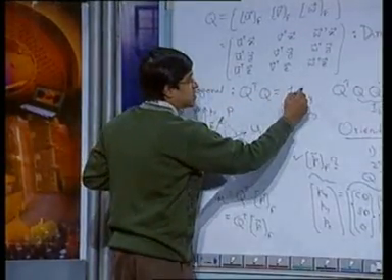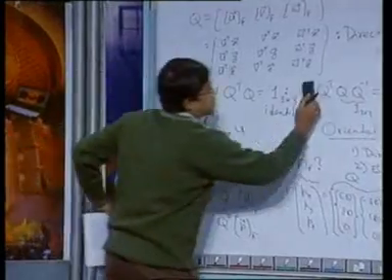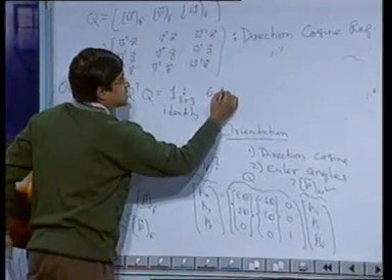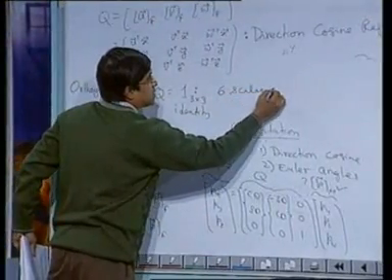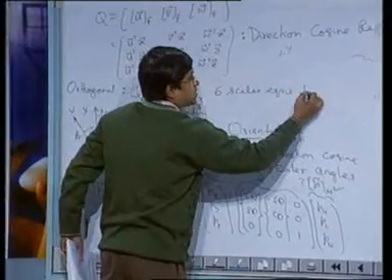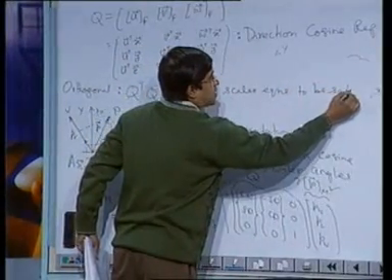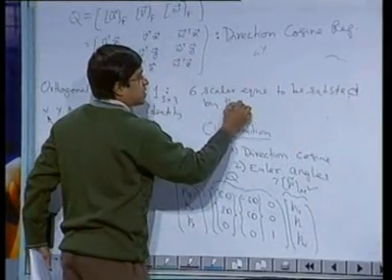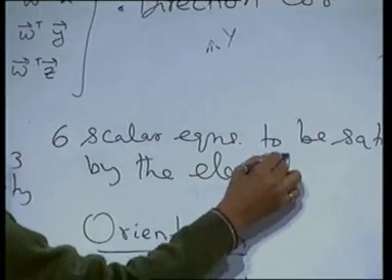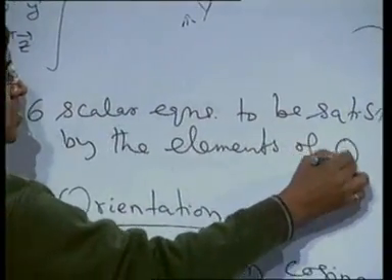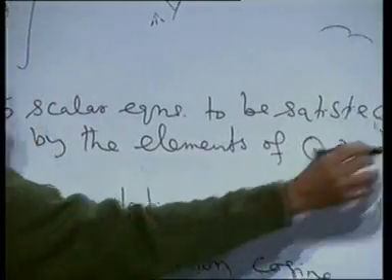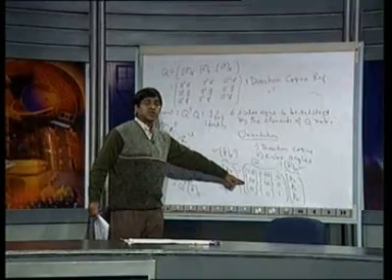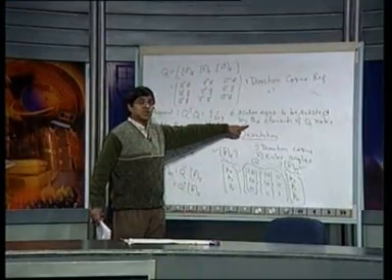So, this means six scalar equations are to be satisfied by the elements of the Q matrix, which means I am using 9 elements to represent the orientation, out of which 6 equations have to be satisfied.